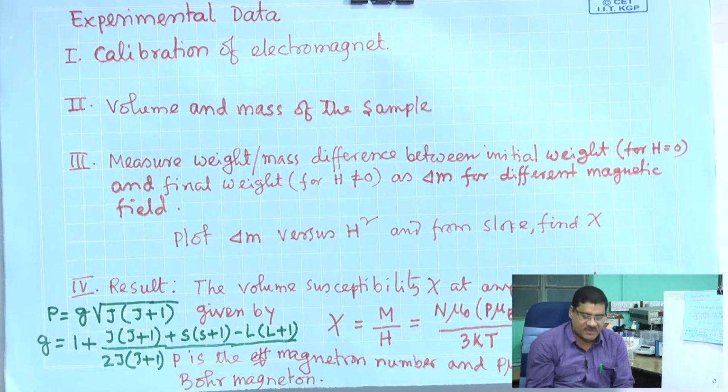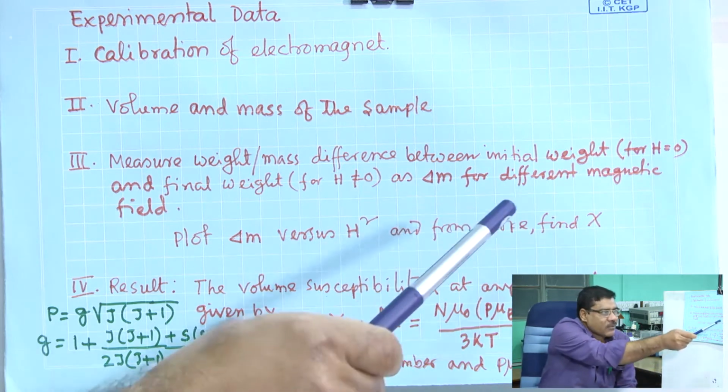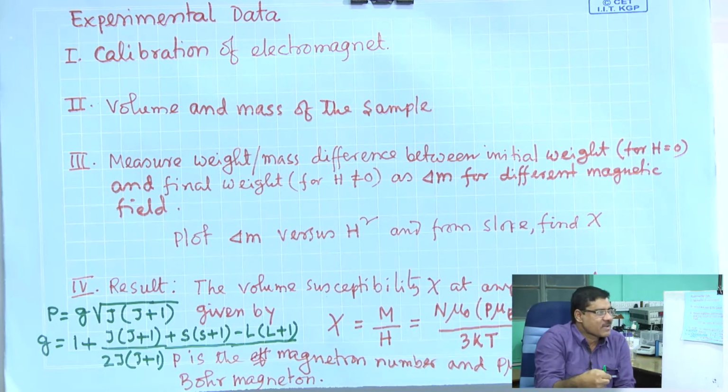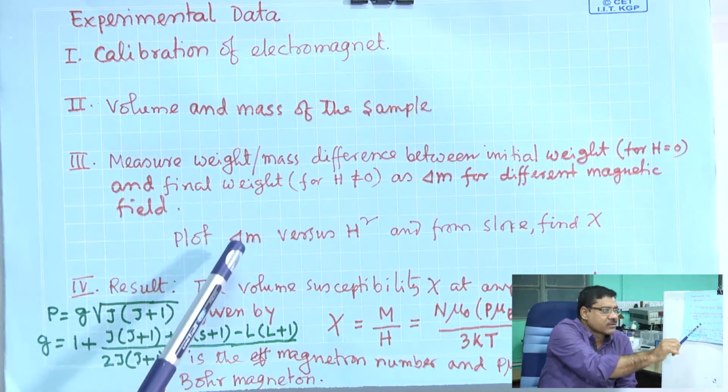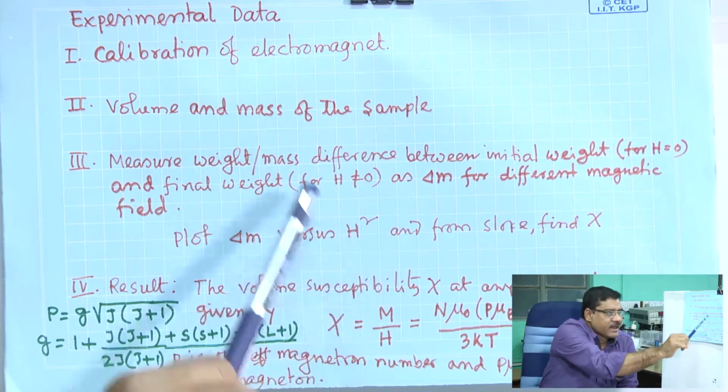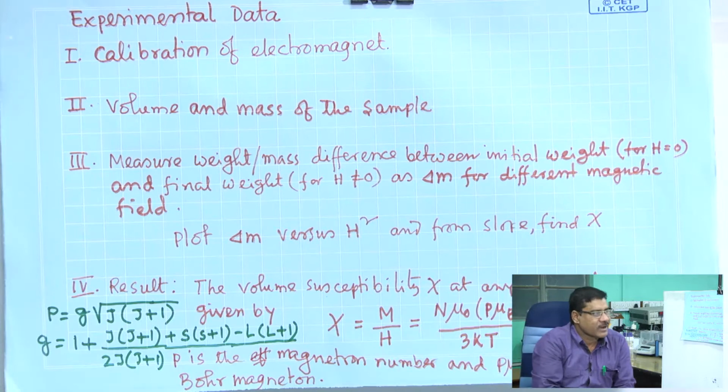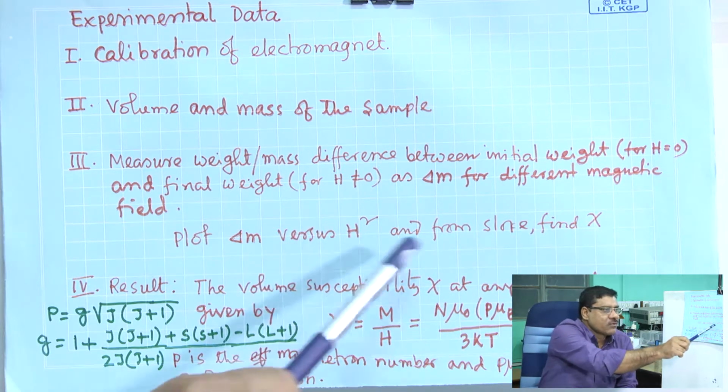This is not a real change; it appears because of the force coming from the magnetic sample in presence of inhomogeneous magnetic field. So, we take data by changing the magnetic field and measuring del m. Then we will plot del m versus magnetic field square.